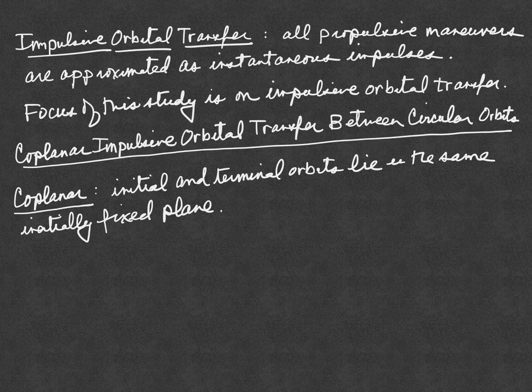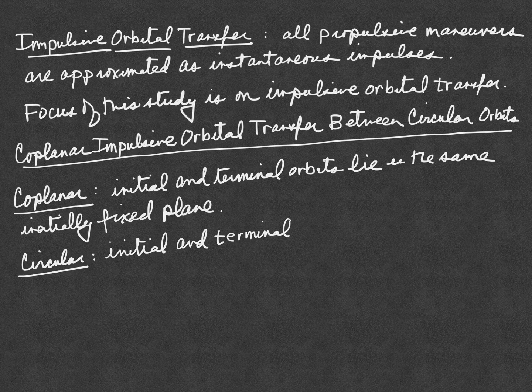And when we say we're going between circular orbits, the idea of circular means that the initial and terminal orbits are circular.